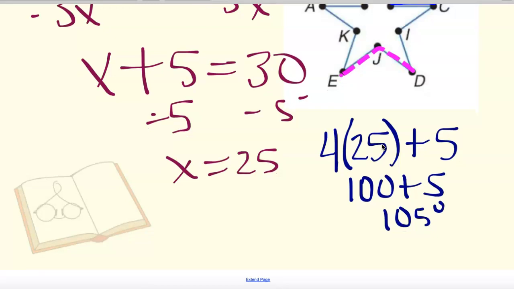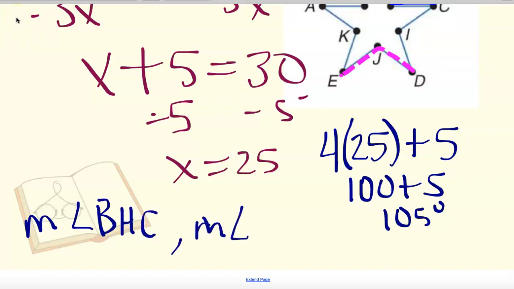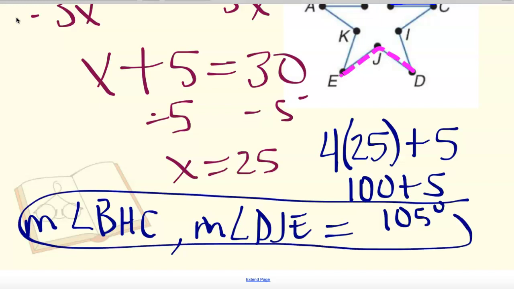So to top that one off, we're just going to say the measure of angle BHC, measure of angle DJE is equal to 105 degrees. So that's our final statement.